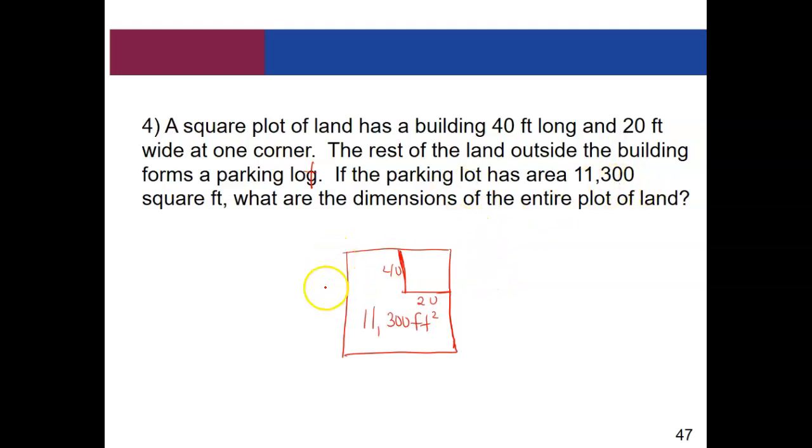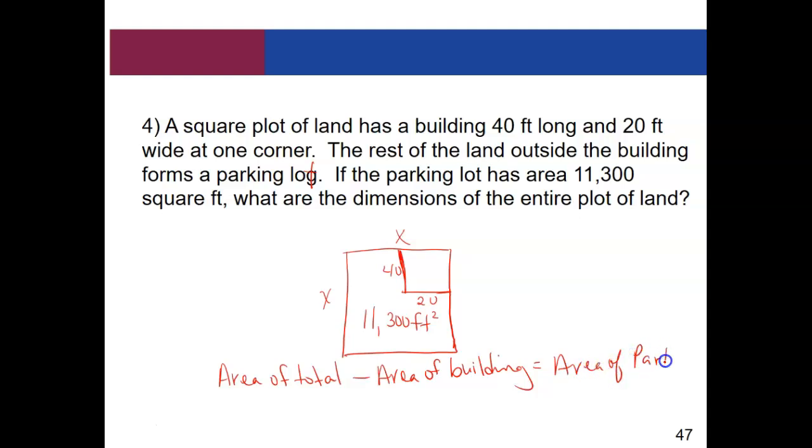So we know it's square, so we're going to let this side be x, and this side will also be x. So we need to set up a formula for this. So the area of a square we know is side times side, or length times width. So the area of the total, we're going to do the area of the total minus the area of the building, and that's going to equal the area of the parking lot.